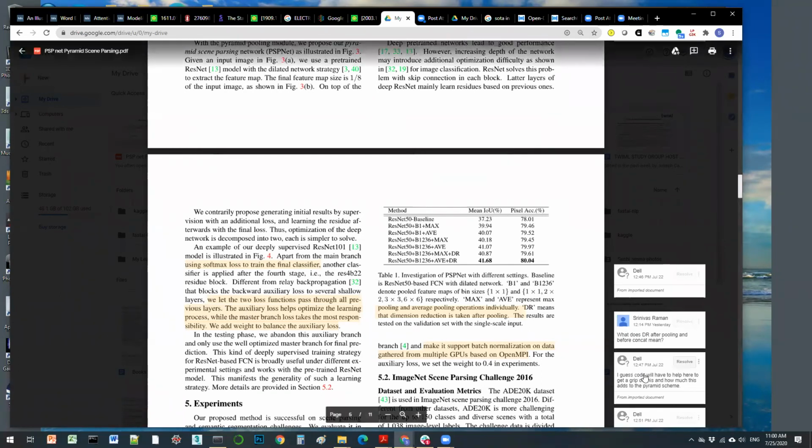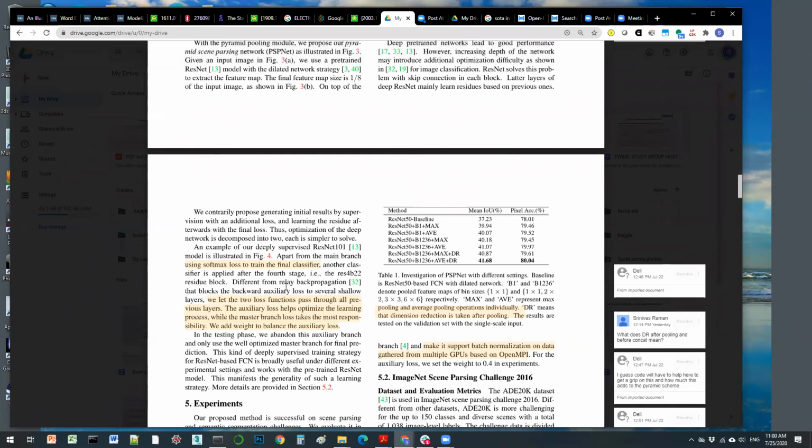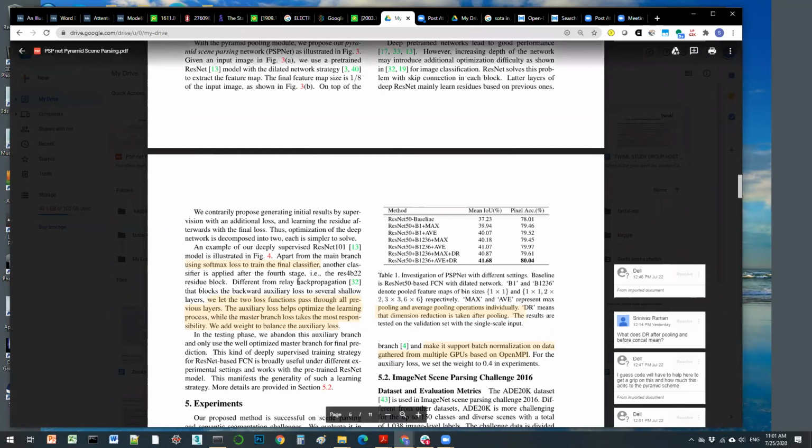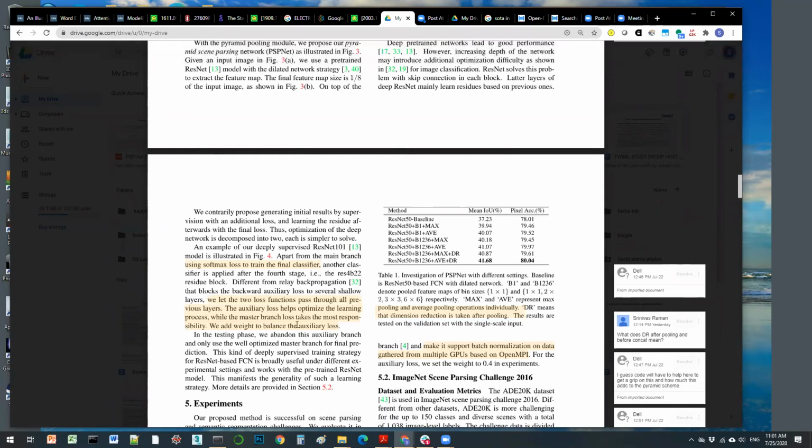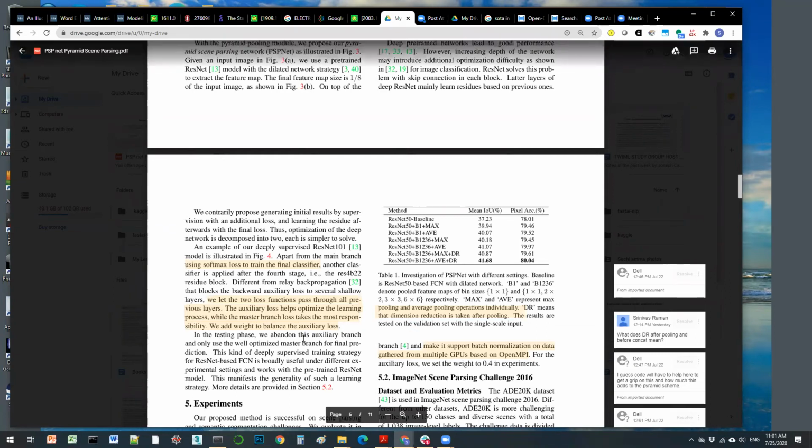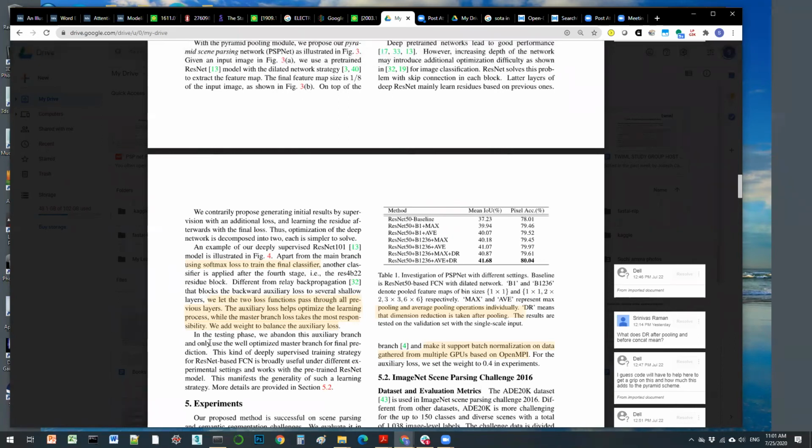As I said, we'll just need to figure out how much this particular method yields, and they do talk about how much it yields in the ablation studies. We add weight to balance the auxiliary loss. Then they say we abandon this auxiliary branch and only use the well-optimized master branch for final prediction. You see that here.